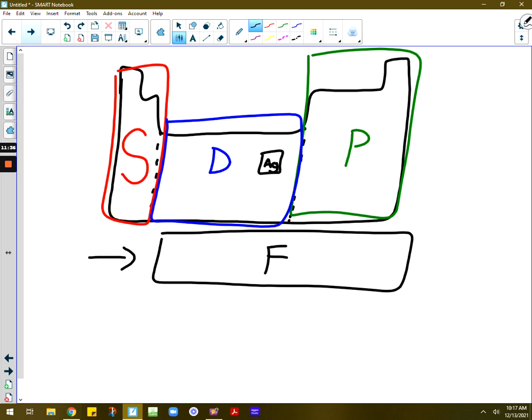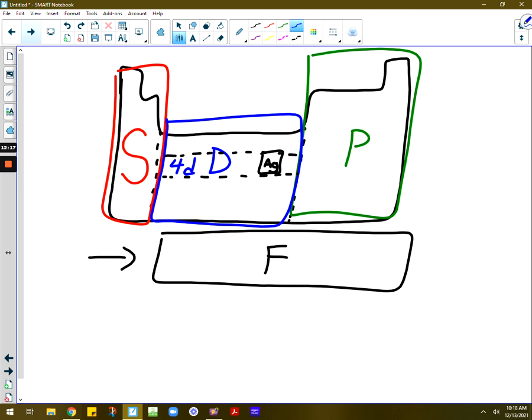Now, looking at my color-coded periodic table, silver is actually in the portion of my D block referred to as 4d, correct? Everybody looking at your color-coded periodic table that you labeled, where I have color-coded all of my energy levels. My level 4 on this one is green, and it's in 4d.